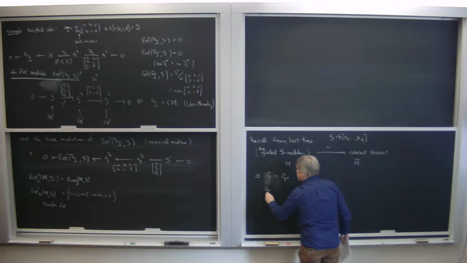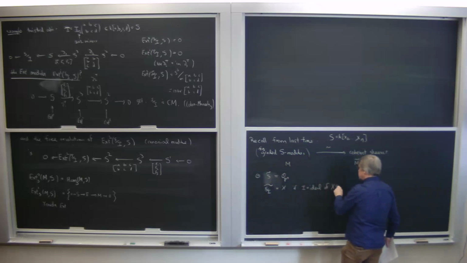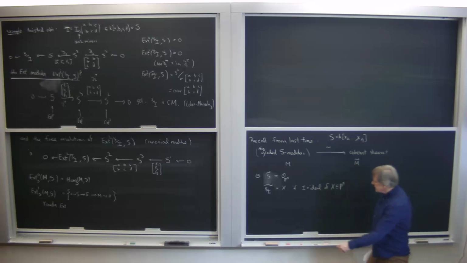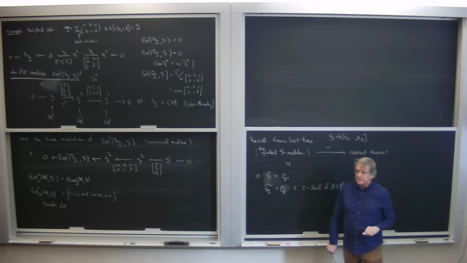And S mod I tilde, if I is the ideal of some scheme or variety, I is equal to the ideal of a projective X contained in here. That's not true, what I just said. It's not equal to X at all. It's equal to the sheaf O_X.